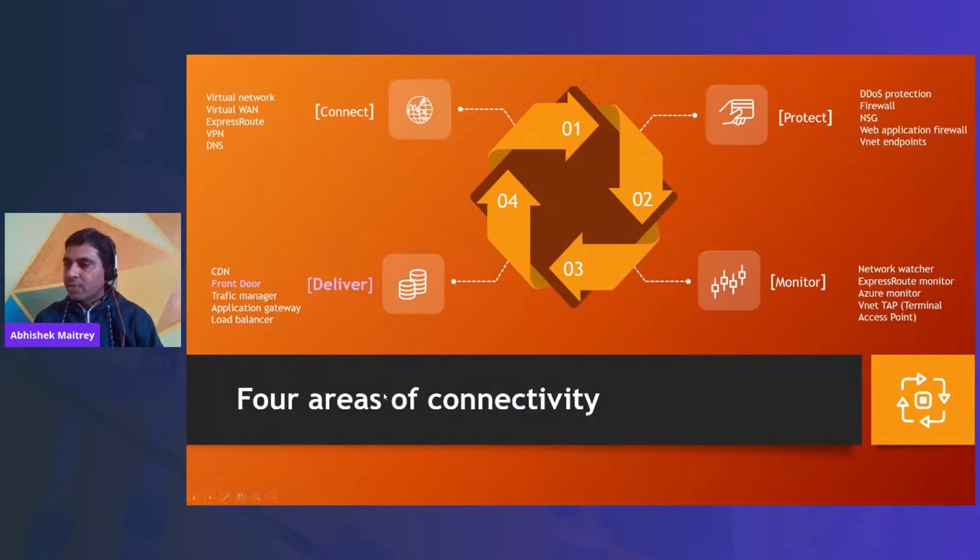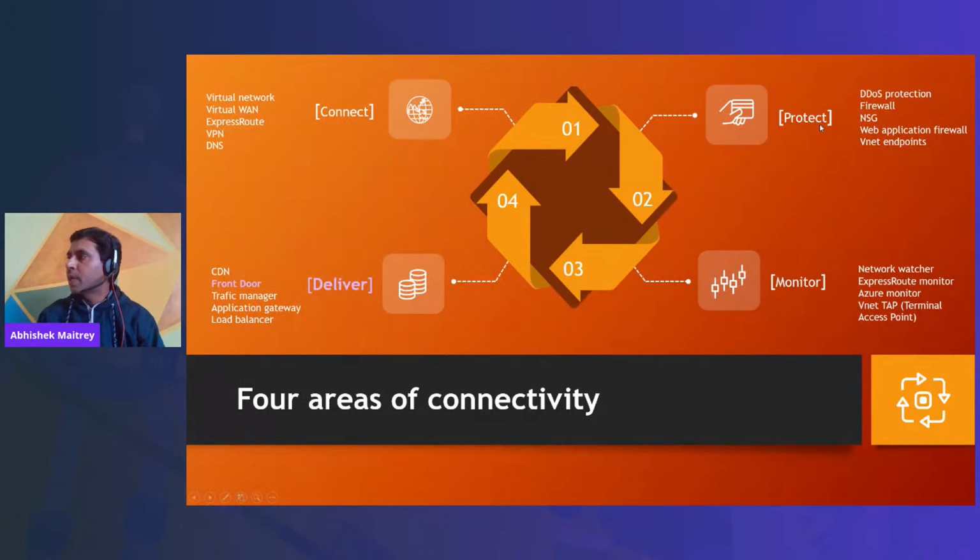There are four areas of connectivity: number one is connect, second is protect, third is monitoring, and fourth is deliver. On the connect side, we can opt for virtual network, virtual WAN, ExpressRoute, VPN, and DNS. These kinds of services are provided in terms of connect.